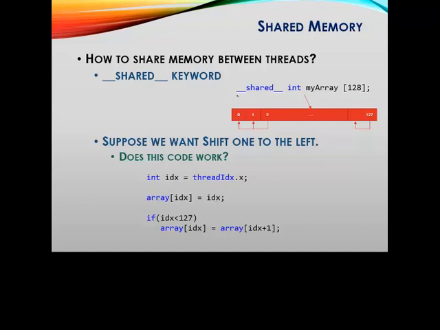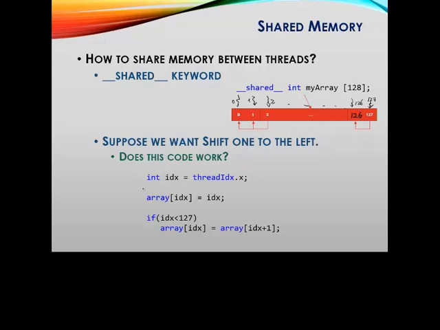So thread number 0 is going to write 0 here. Thread number 1 is going to write 1 here. Thread number 2 is going to write 2 here. And thread number 126 and thread number 127 are going to be writing 126 and 127 into the last portions of this memory.